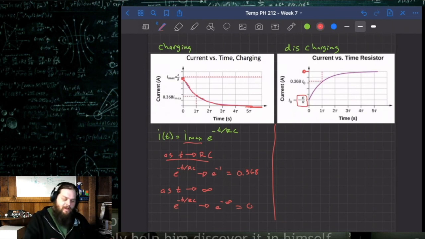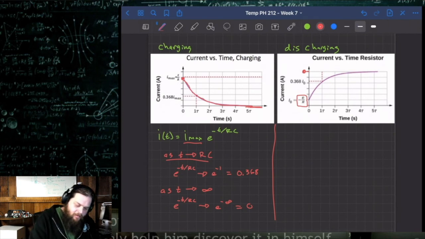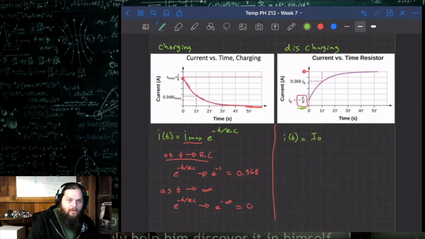So we have a negative current at that point. So we can say that the current is going to equal, say, I naught. That I naught is this initial epsilon, or EMF over resistance, which is a negative EMF over resistance, times e to the negative t over RC.